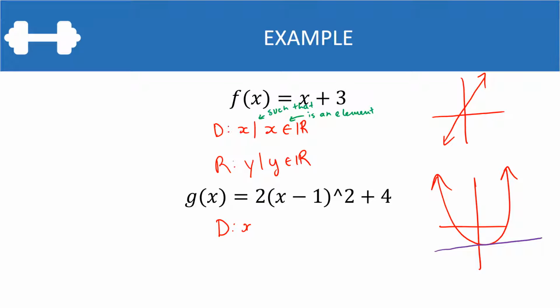My domain will still be all real numbers, same as it was for the line, but my range is dictated by wherever my maximum or minimum value is. So here, in this particular quadratic, the y value of my vertex is 4. And because it opens up with a positive a value, I know that this is going to have all y values such that y is greater than or equal to 4. So that would be my range for that quadratic function.